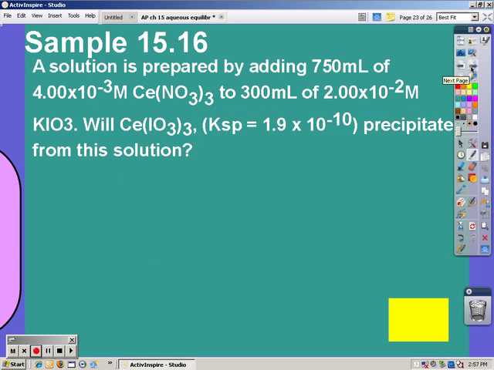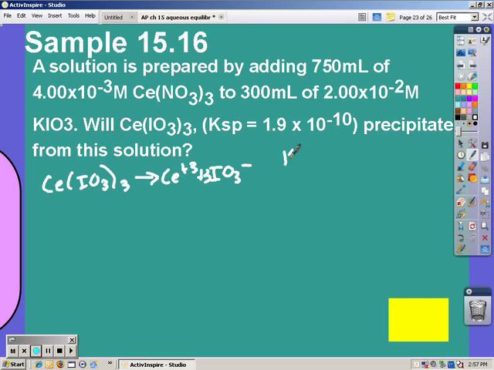So in this problem we have cerium nitrate and potassium iodate, and they want to know if cerium iodate will precipitate. So we're going to need to know our concentrations of cerium and iodate to start off with. So I'm going to write my dissociation equation for cerium iodate, which shows that I'm going to need cerium and iodate concentrations.